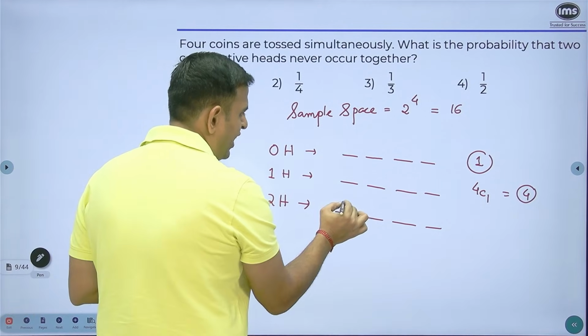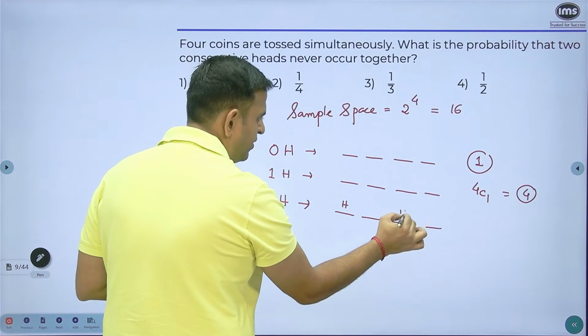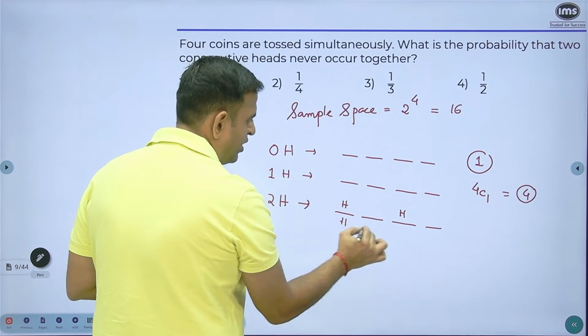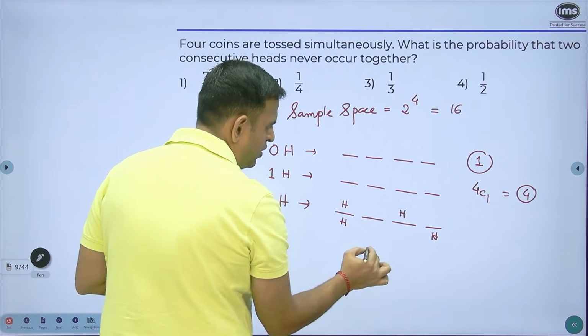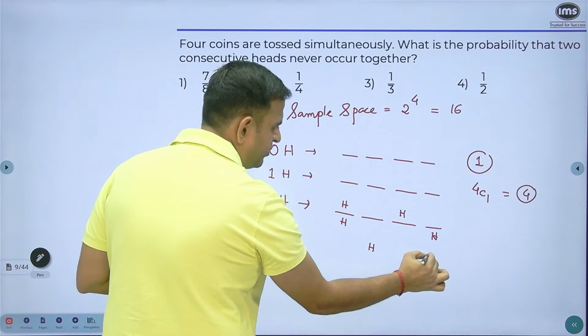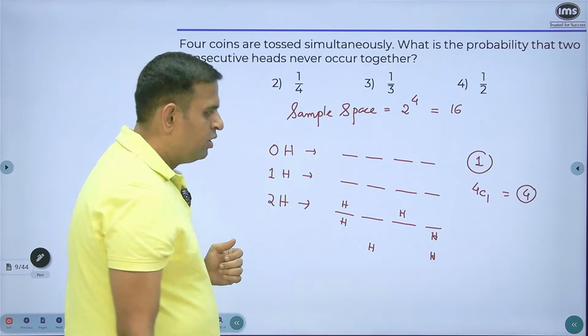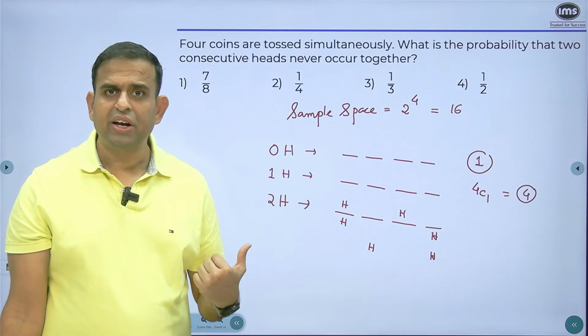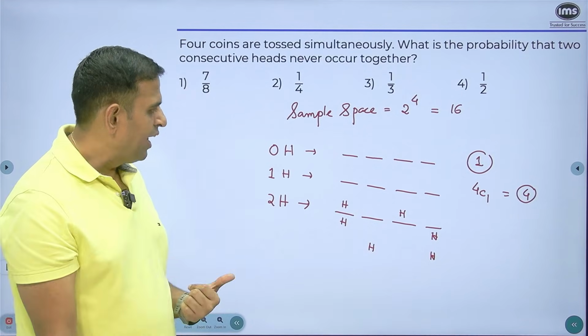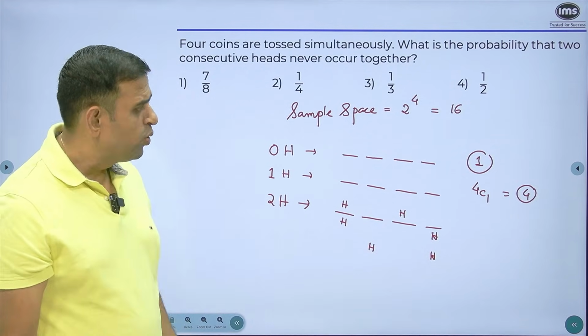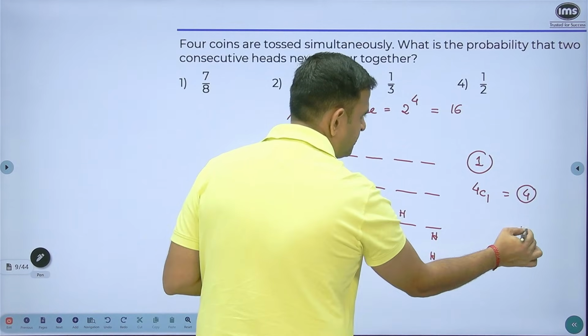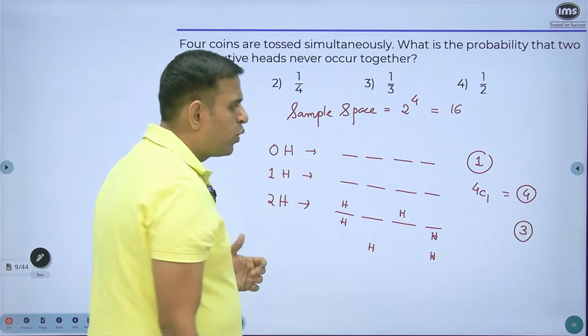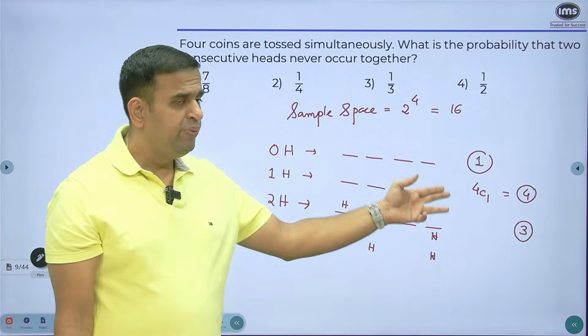So it could be H over here, positions 1, 3. Could be 1, 4. Or if it is 2, then it has to be 2 and 4. So the 2 heads come in the first and third coin, first and fourth coin, or second and fourth coin, like this. And that basically means you got another 3 cases. So the total possibility so far came out to be 8.